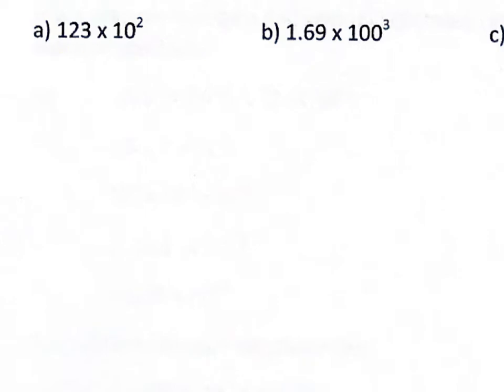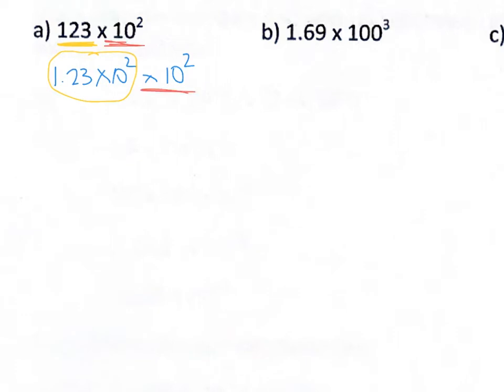We can write 123 as 1.23 times 10 squared. So that's dealing with the 123, but then we still have the multiplication by 10 squared at the end.